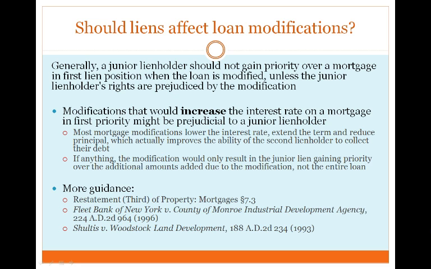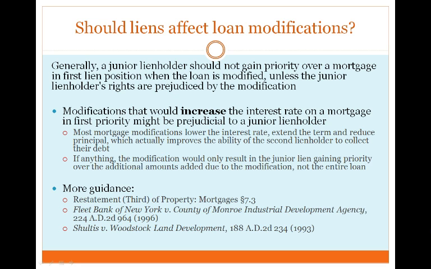On this slide, I have some guidance listed on the bottom. The Restatement Third of Property, Mortgages, section 7.3, gives some good information, and there's also a couple of cases here that have been used to determine whether a junior lien holder's rights are in fact prejudiced by the modification.